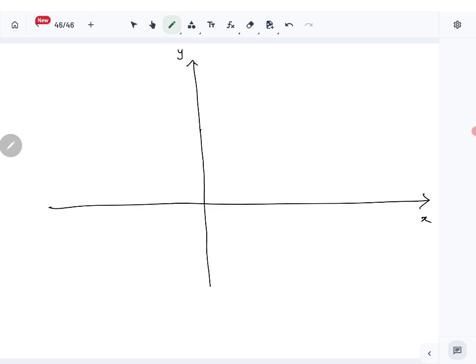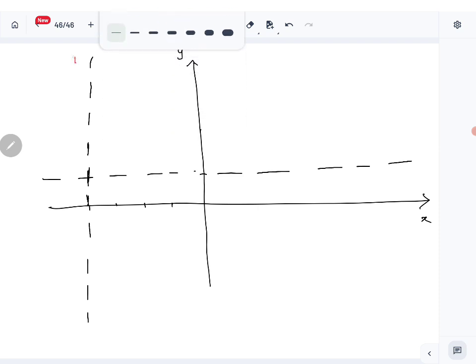X equals minus 4, which is the vertical asymptote. Y equals 1 is the horizontal asymptote. Then I just use these arrows to connect the sections. It is easy when you use it like this.